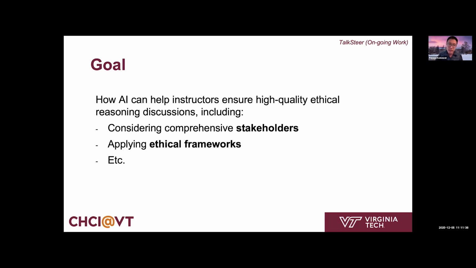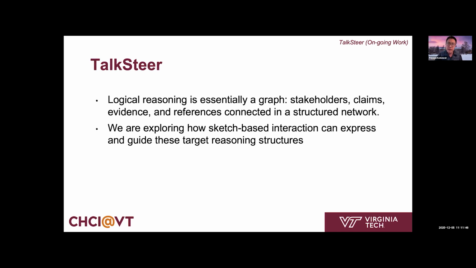What that looks like is covering comprehensive stakeholders or applying ethical frameworks that are taught in the class. One insight is that logical reasoning, or ethical reasoning on an ethical dilemma, can essentially be represented as a graph, where stakeholders, claims, and evidence are connected together into a structured network.